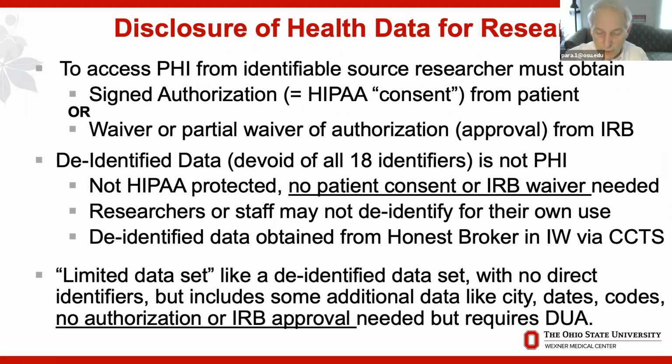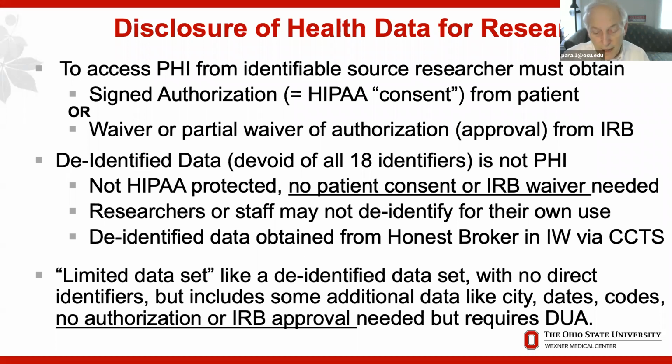Once you take away those 18 identifiers, this health record, the full details of the health record minus those identifiers, is not considered PHI. So you can do all the research you want on de-identified information without even getting the patient consent or an IRB waiver, as long as it's de-identified. There's a couple caveats about that.